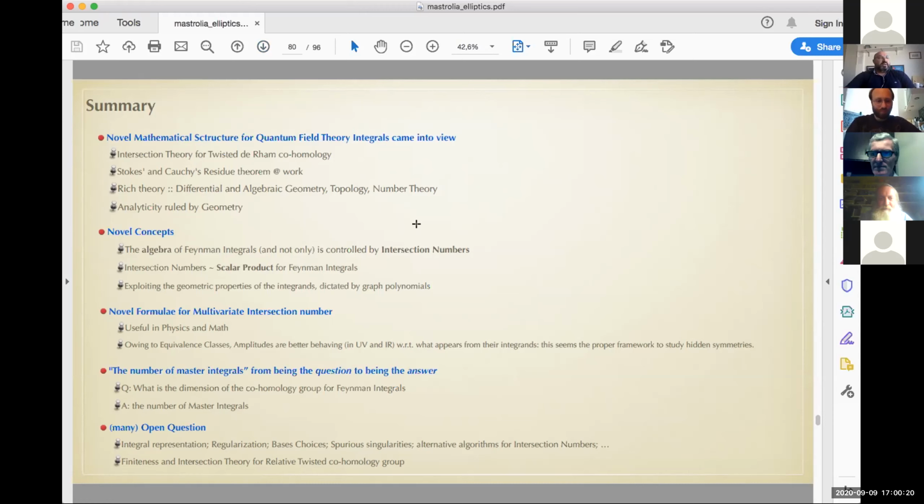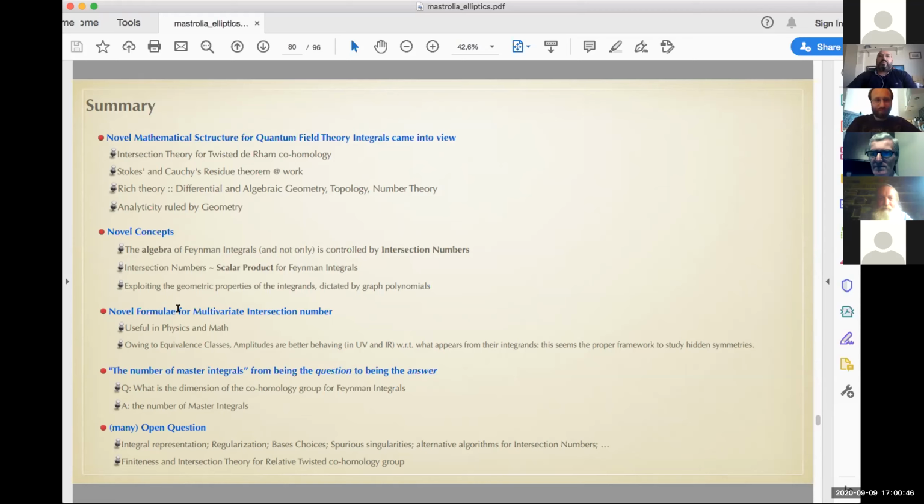So far, it helped us to introduce the novel concept of intersection number, which was a key element to build the scalar product among integrals. One can obtain interesting applications both for physics and for mathematics. The chapter is not closed at all.